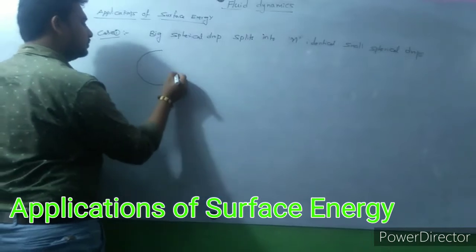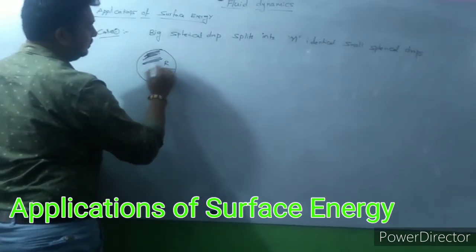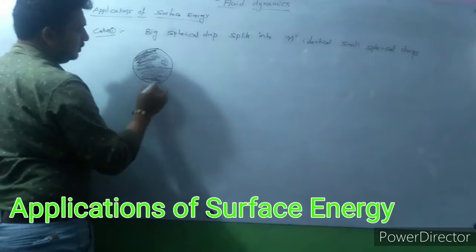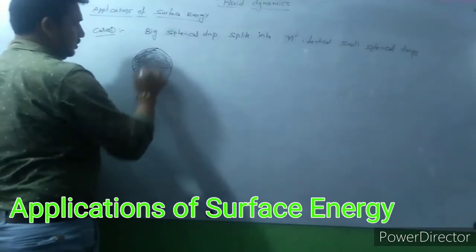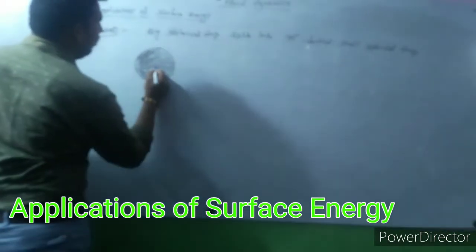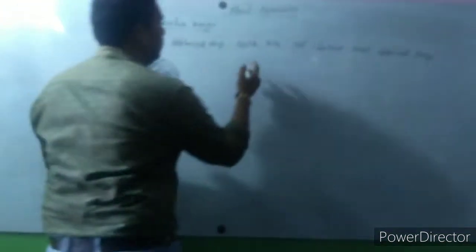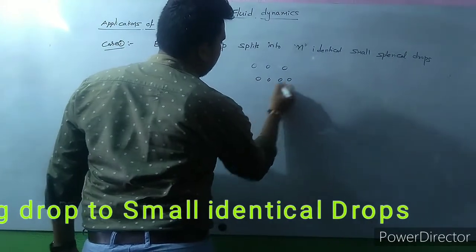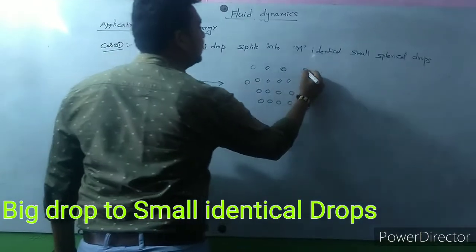So this is a big drop. A big drop of radius capital R splits into n identical small drops of radius small r.